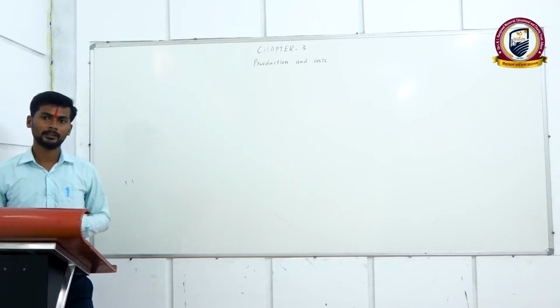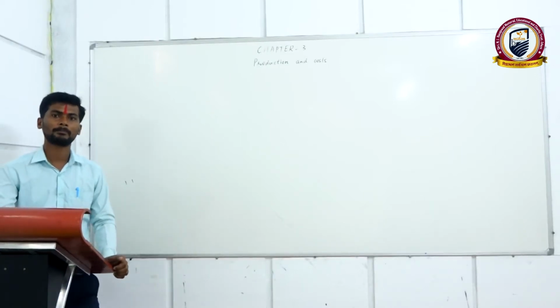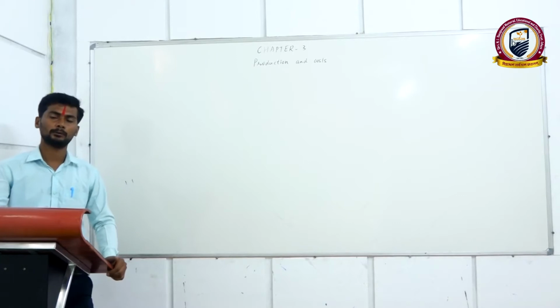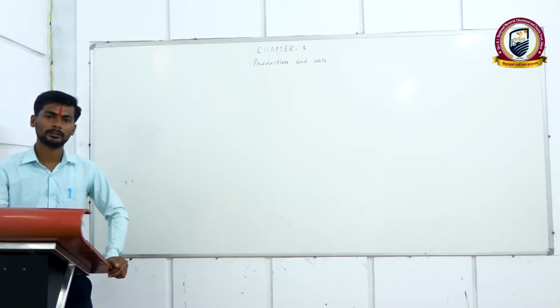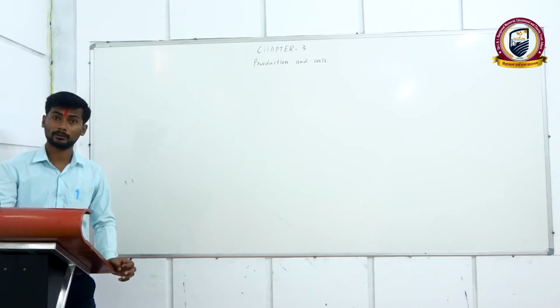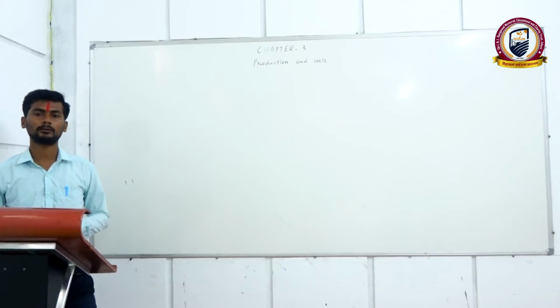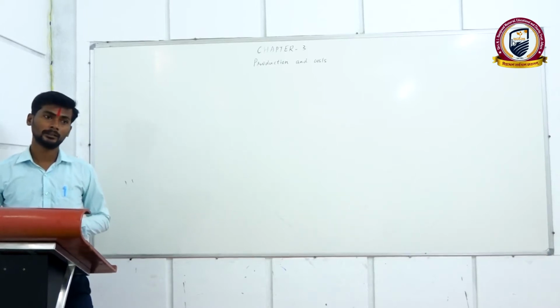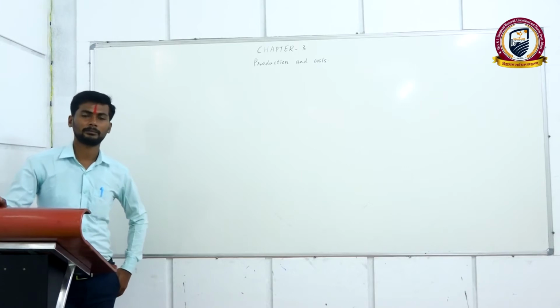At what time he stops producing output, when he earns normal profit, and when he earns super normal profit. We are going to study all these things in this chapter, and you will come to know what normal profit and super normal profit are in the later half of this chapter.